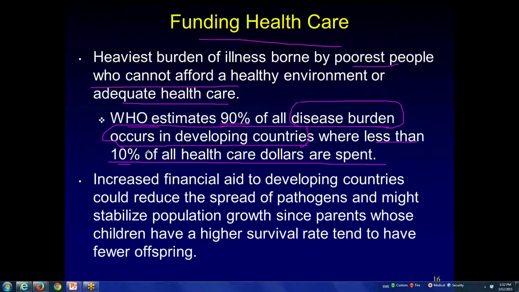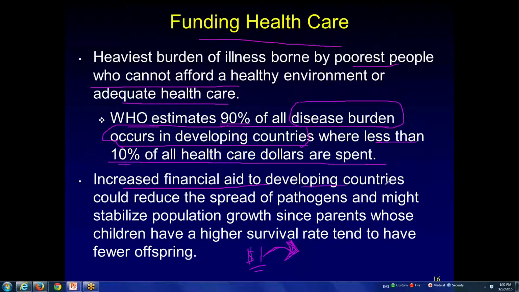It's sad, really, if you think about it. You think more developed countries might give more money. Right now, the rich countries give about $1 per person to poor countries. So $1 per U.S. citizen goes to help poor people in developing countries get through disease.